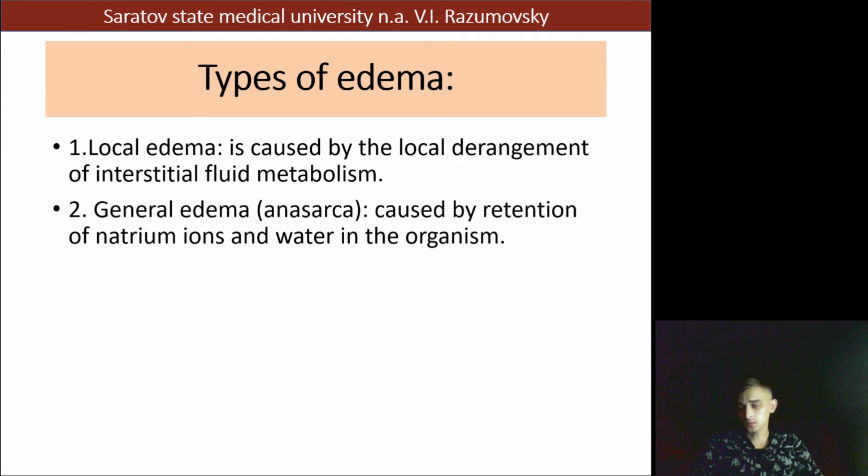And general edema is caused by retention of sodium ions and water in the organism. So it may be associated with kidney disease, or with a decrease of protein level in blood plasma.